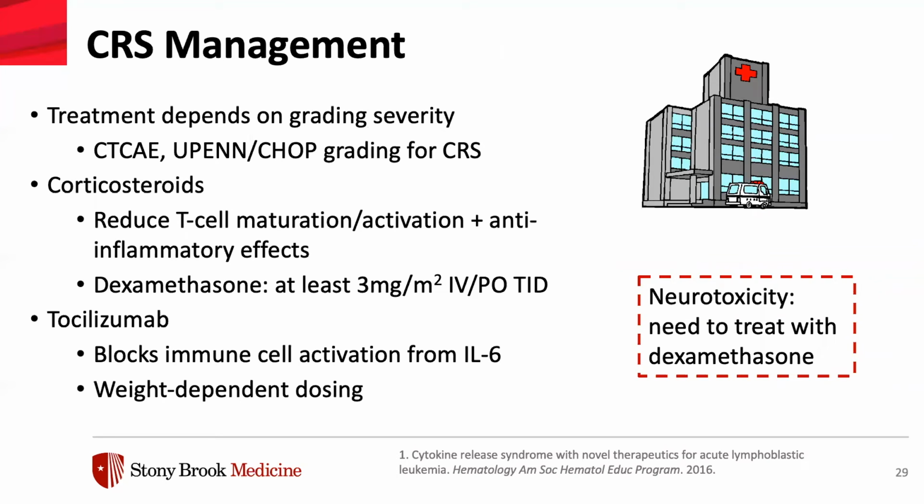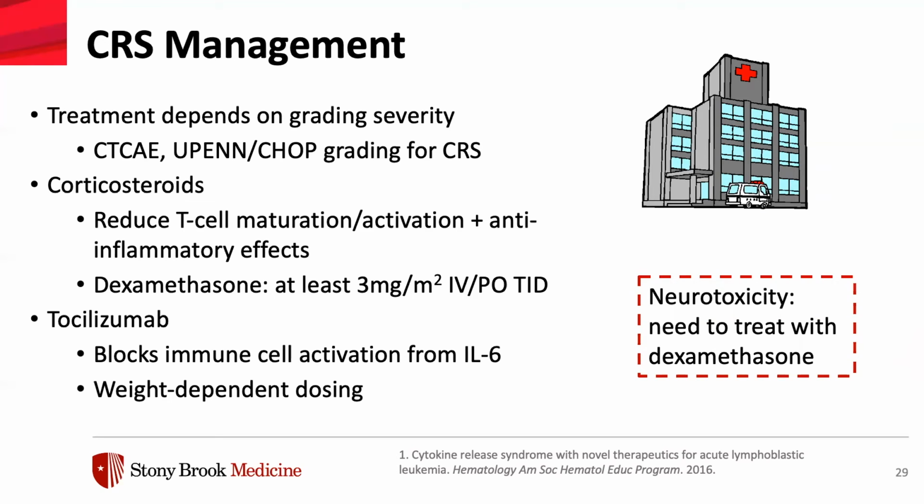And then grade 4 would be more life-threatening symptoms that the patient has. There's also the UPenn, University of Pennsylvania, or the Children's Hospital of Philadelphia grading for CRS. And the reason I bring up there's two different scales is because the management may differ slightly depending on the scale used, but more commonly we see the CTCAE scale grading severity.